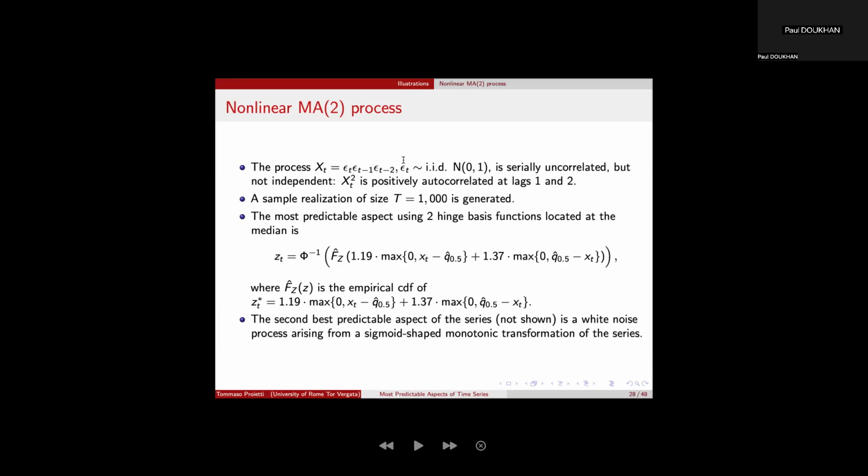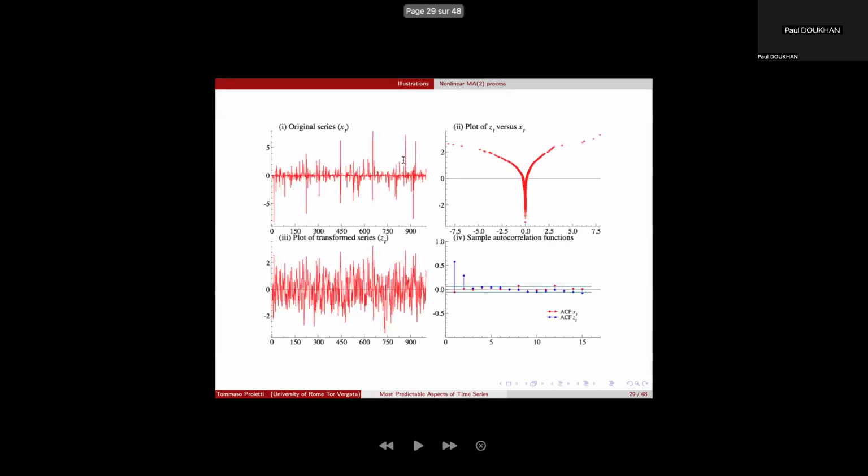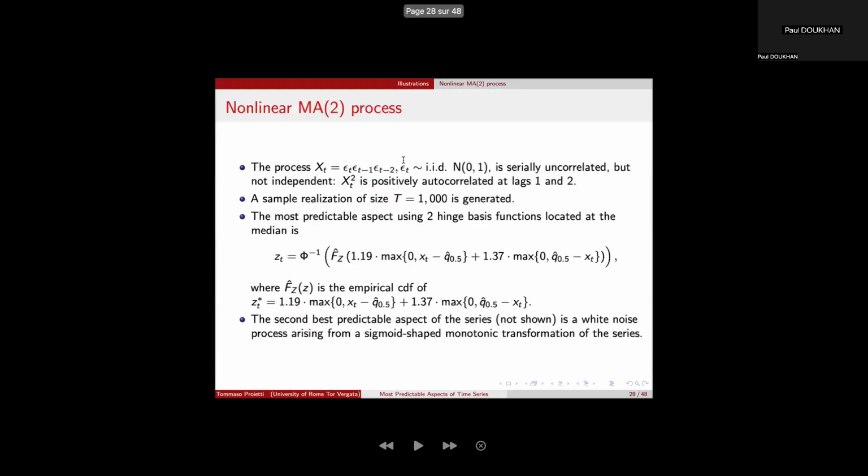Okay, I generate a sample realization of 1,000 observations, and it is plotted here. Then I consider 2 hinge basis functions located at the median.